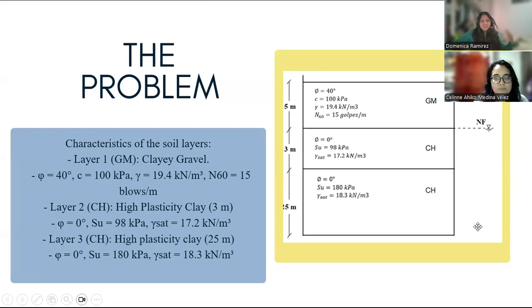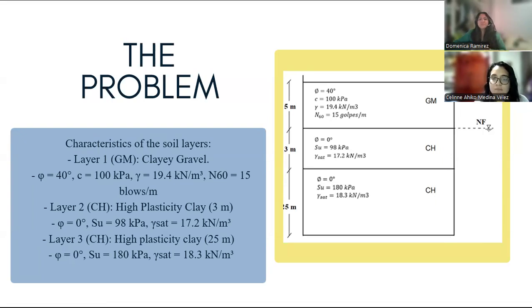The first stratum is composed of a clay gravel with an angle of 40, a cohesion factor of 100 kilopascals, a specific soil weight of 20.4 kilonewtons per cubic meter, and an N60 of 50 strokes per meter.